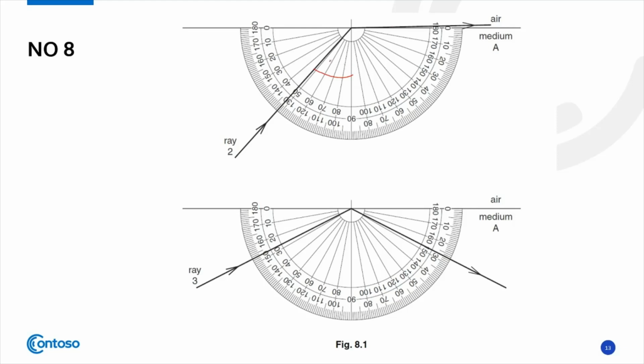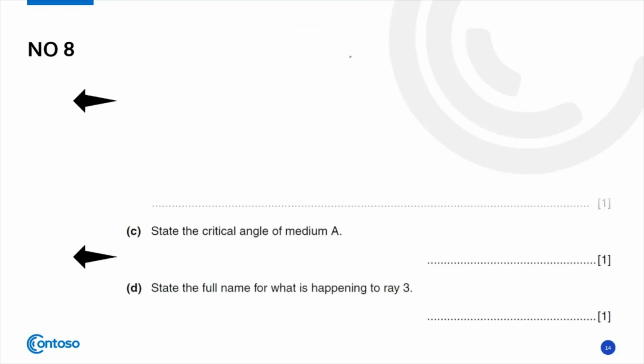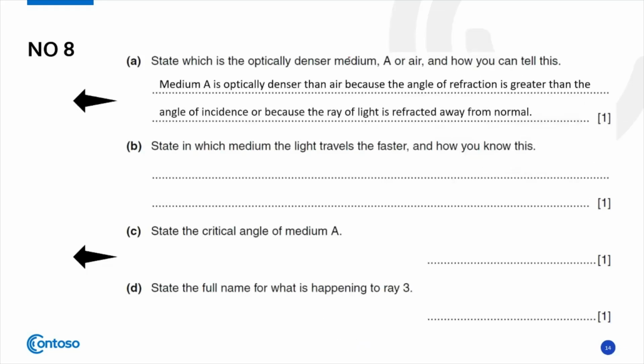Because the angle of incidence, 42 degrees, produces the angle of refraction almost 90 degrees, we can assume that the critical angle is slightly greater than 42 degrees. So the answer for question number 8c is 43 degrees.